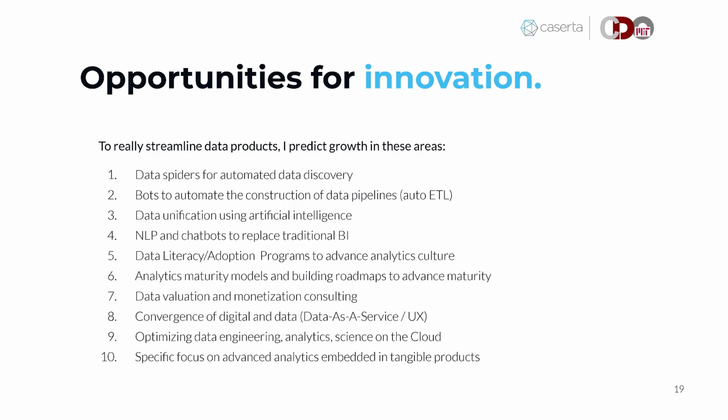The fact that this is not already standard operating procedure just blows my mind. This has to happen. Tamr is one of the products that does okay at this, but there's tremendous opportunity to do it better out in the industry. Data unification using artificial intelligence, more of the same.